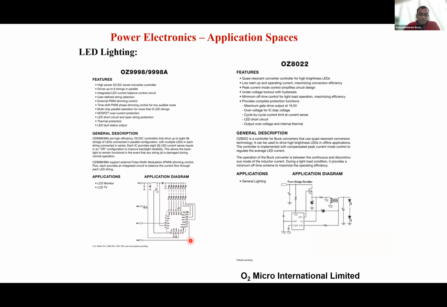You can see here, these are the LED lamps being driven by this chip. On the input side, you have AC power coming in. In India, it's 50 hertz, 230 volts.